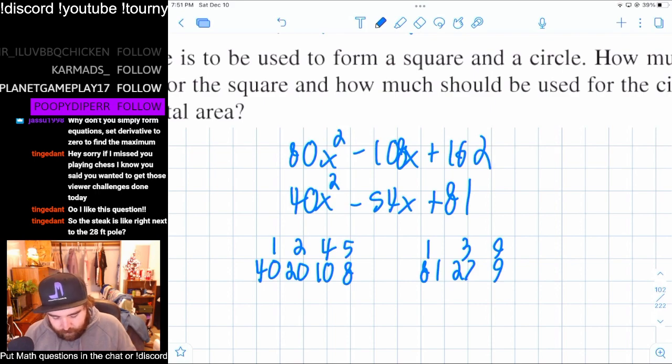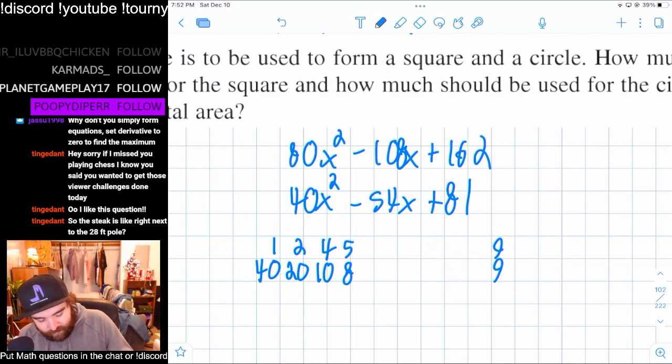You go like 1 times 81, 40 times 1, no. 1 times 27, 40 times 3, no. 1 times 9, 40 times 9, no. 2 times 81, 20 times 1, no. 2 times 27, 20 times 3, no. 2 times 9, 20 times 9, no. 4 times 81, no. 4 times 27, no. 4 times 9, 36. 10 times 9, 90, no. 5 times 81, no. 5 times 27, no. 5 times 9, no. So then you flip them.